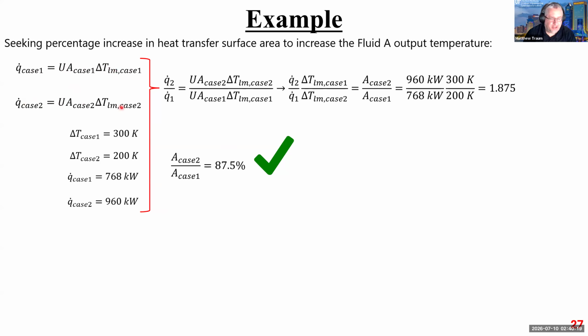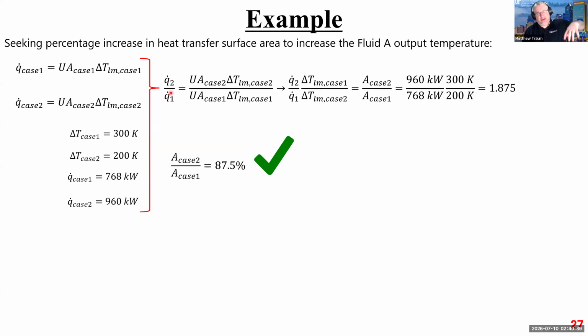Case two, same equation, delta T mean for case two. And I know that delta T for case one is 300, delta T for case two is 200. Q dot for case one is 768. Q dot for case two is 960.